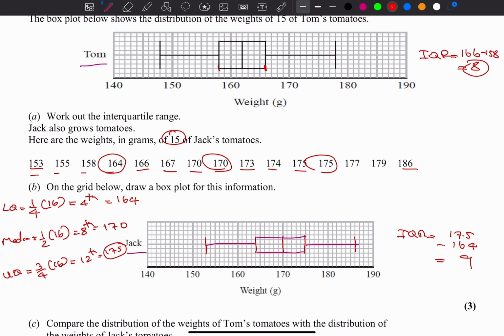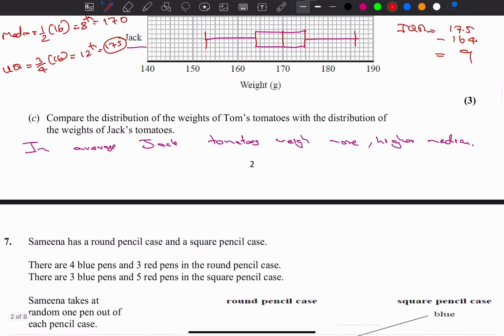So Tom's interquartile range is smaller. Smaller is better. So Tom's tomatoes have a more consistent weight because they have a smaller interquartile range.